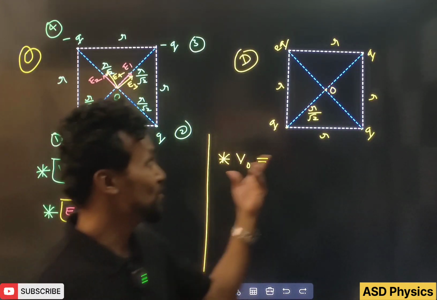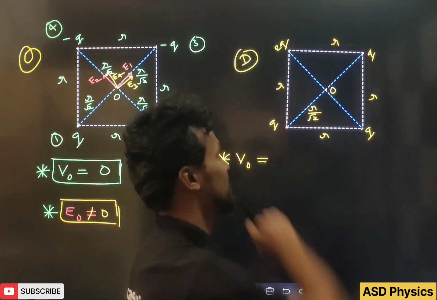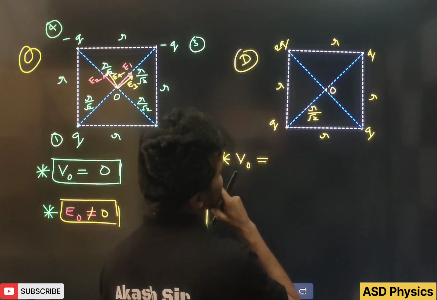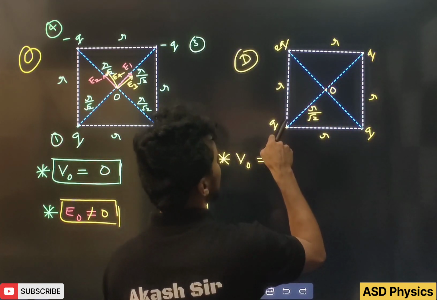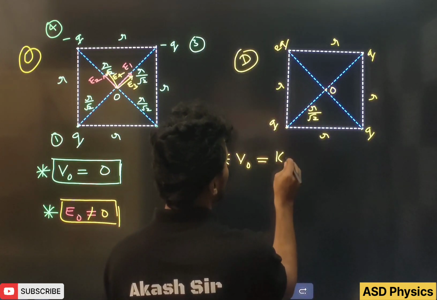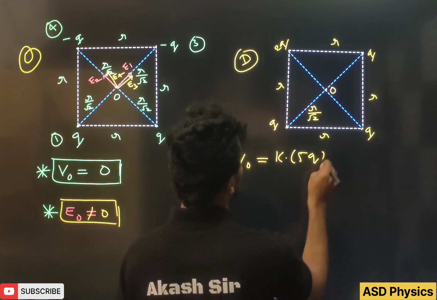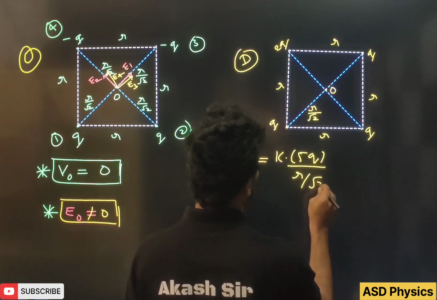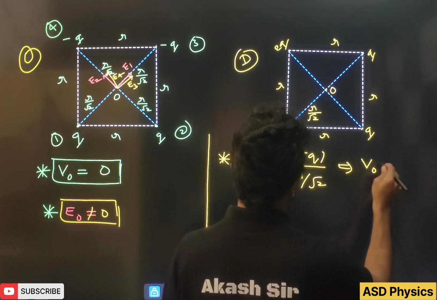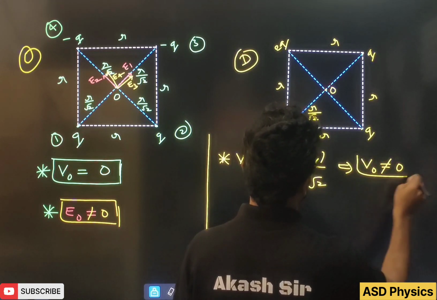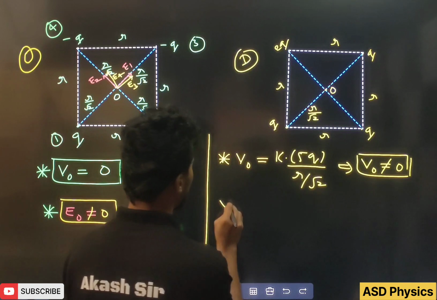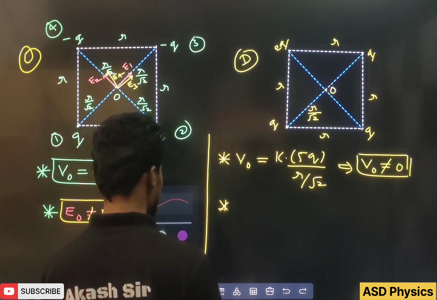Anyhow, zero does not arise because all the charges are positive. You can see how many charges there are: 1, 2, 3. 3Q plus 2Q, 5Q. So directly I am writing K into 5Q by R by root 2. That means the potential is non-zero here.